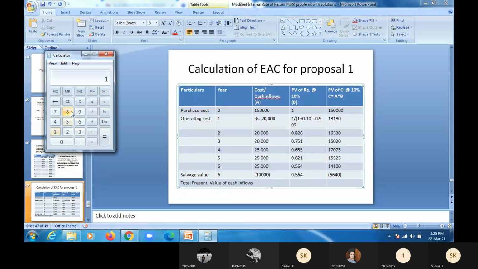First you add 18,180 plus 16,520 plus 15,020 plus 17,075 plus 15,525 plus 14,100 plus 5,640.